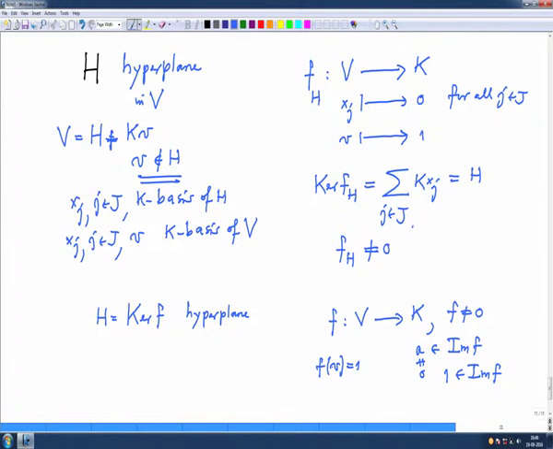then, if you observe the proof of the rank theorem, this V along with the basis of the kernel will give a basis of V. So, that shows that this is a hyperplane.